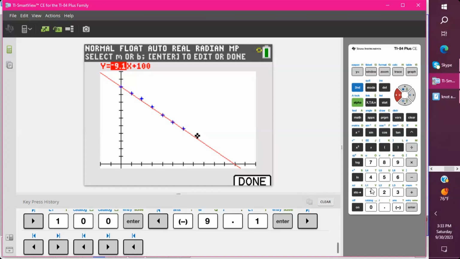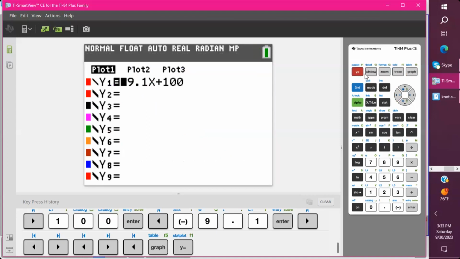Okay? But once you are done with it and you are satisfied, then you just hit the graph key and it graphs it in. It shows you what it looks like. Notice the equation's gone, but remember we said to store it in Y1. And so it's now in Y1, and I could still adjust it in Y1 if I wanted to.